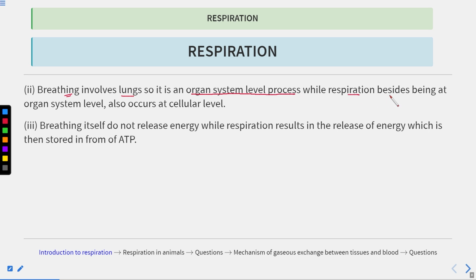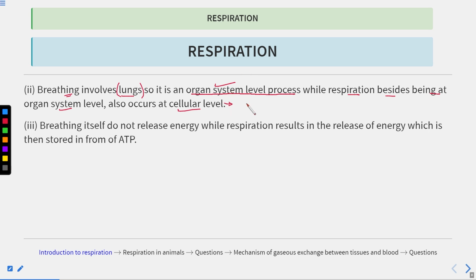While respiration, besides being at the organ system level, also occurs at the cellular level. During breathing, the lungs are involved, but there is no breakdown of the assimilated food. That's why breathing is only an organ system level process, while respiration occurs at the cellular level.